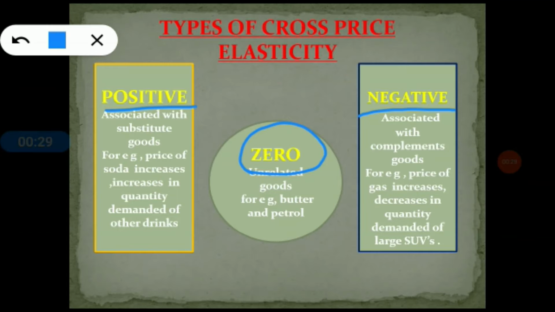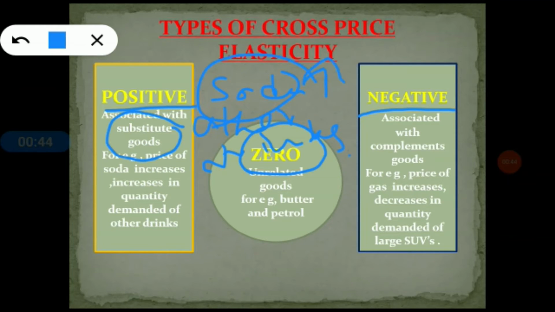Positive cross price elasticity is associated with substitute goods. For example, soda and other drinks are substitutes for each other. Clear? So if the price of soda increases, the quantity demanded of other drinks also increases, because both goods are substitutes for each other.